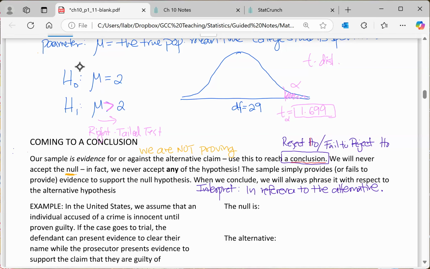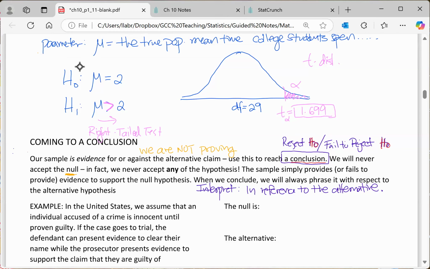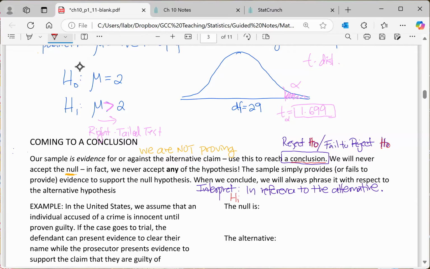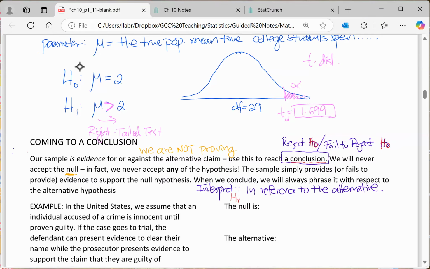But when you interpret, summarizing the results of your test, you're only going to reference H1. So you're going to say, I have sufficient evidence to say the mean is greater than 2, or, I have insufficient evidence to say the mean is greater than 2. Always with respect to H1.